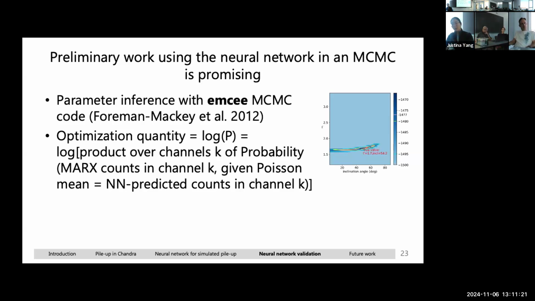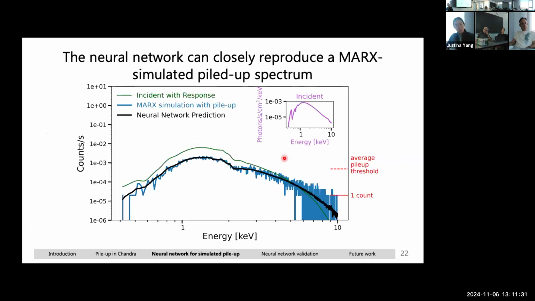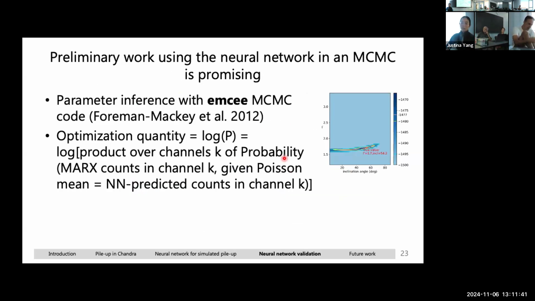The point here is that this is fundamentally a photon probability. And even though I just said I'm dealing with counts per second spectra, in the evaluation of the likelihood that goes into the MCMC, I'm working in counts, so that the probability is based on how many counts you see over your 50 kilosecond exposure, assuming that the mean is what the neural network predicts.